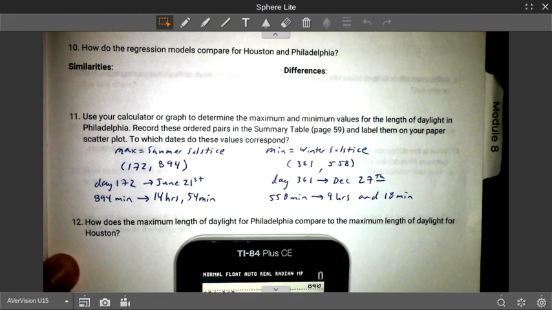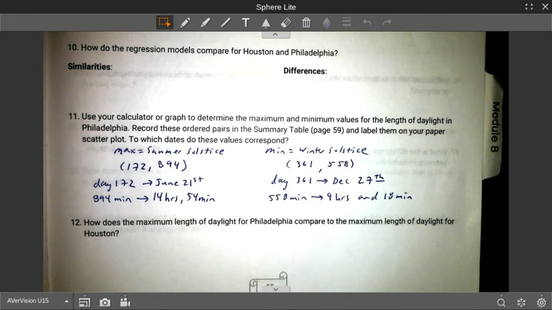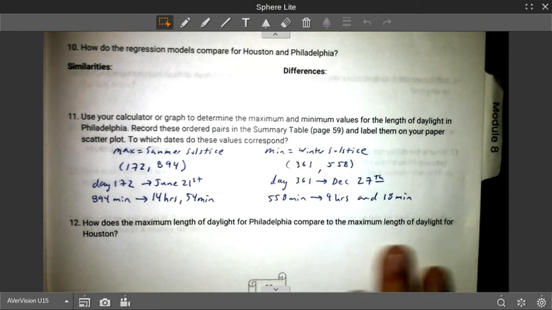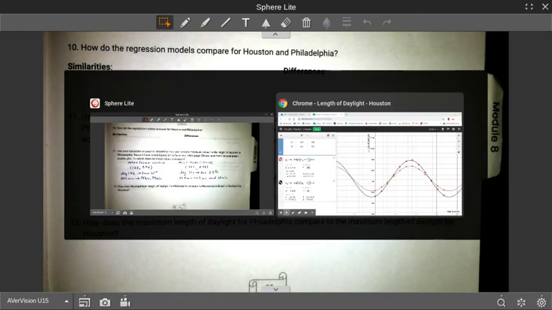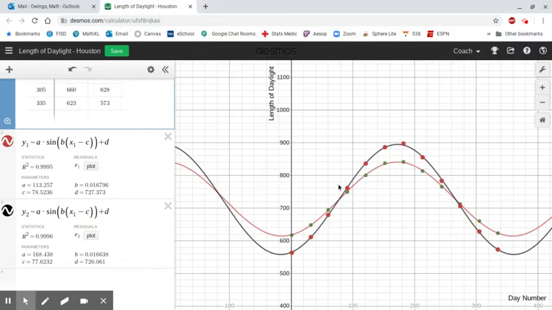What we really want to see are the differences between Houston and Philadelphia, and we also want to find the intersections and how the max daylight and minimum daylight compare. So on Desmos, I have both of these drawn.